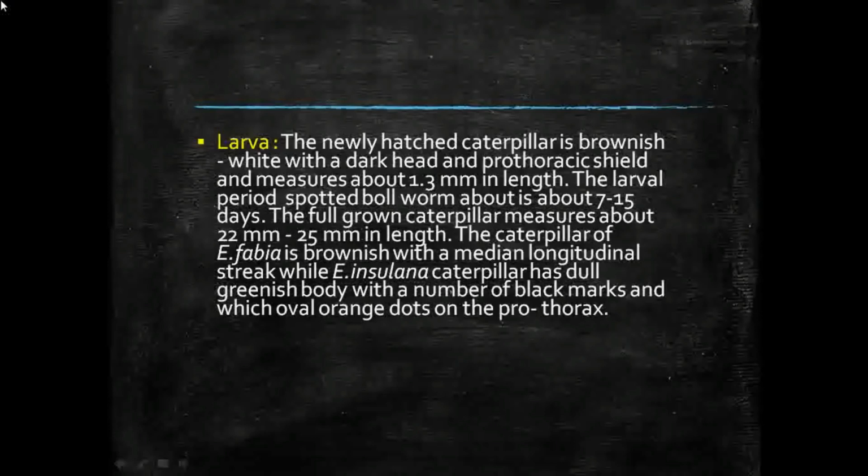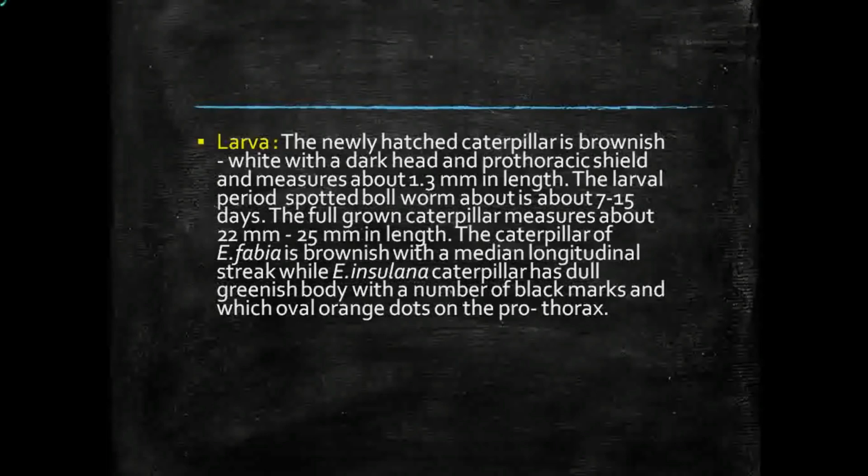The caterpillar of Earias fabia is brownish with a median longitudinal streak, whereas in the case of insulana, the caterpillar has a dull greenish body with a number of black marks and oval orange dots on the prothorax. So this is how we can identify the larva also, by observing these features on it.